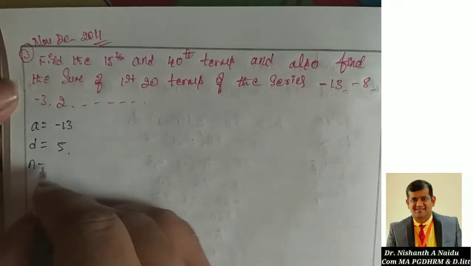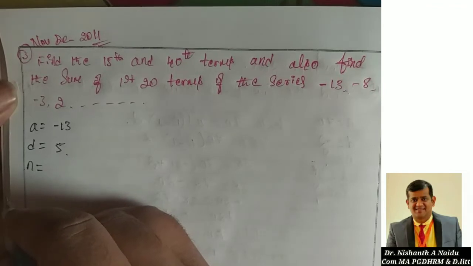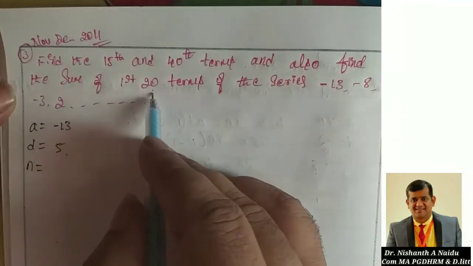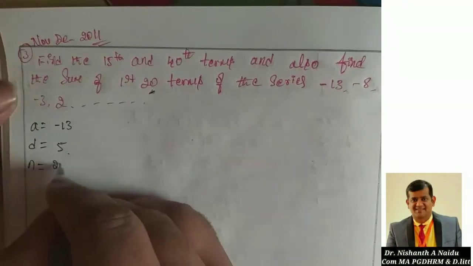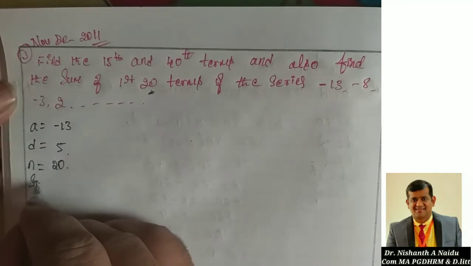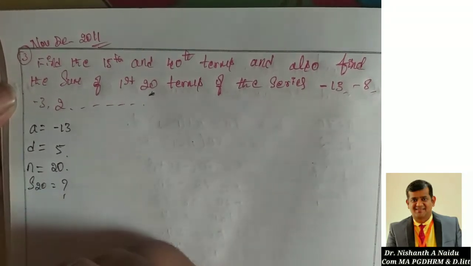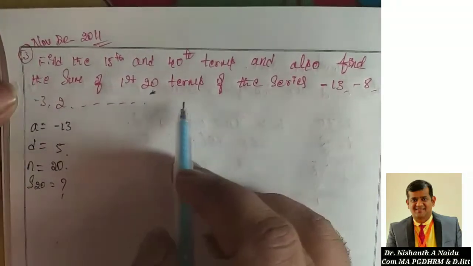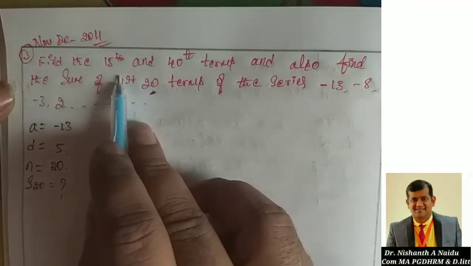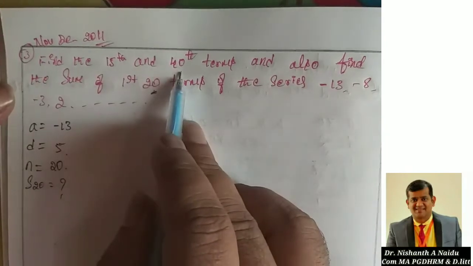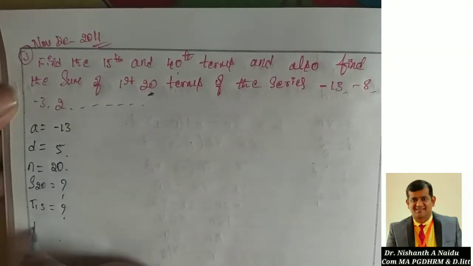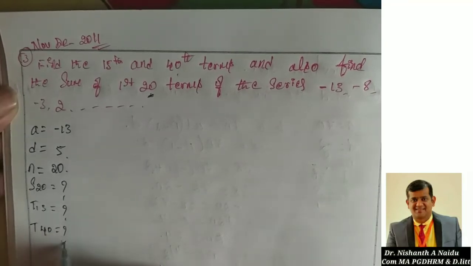Next is n. n we know, because he has said the first 20 terms, so n is 20 here. But we don't know S20, we need to find it. At the same time he has asked us to identify the 15th term and 40th term, so T15 and T40 are unknown.